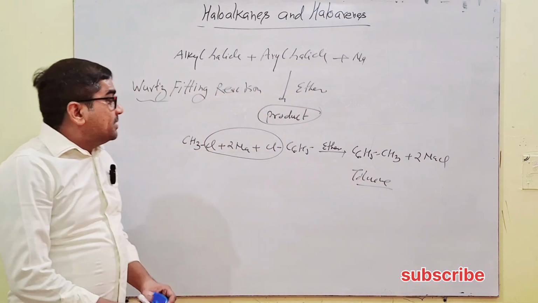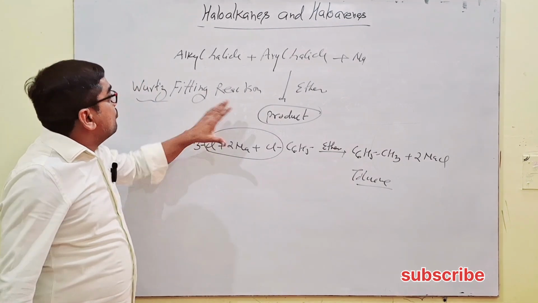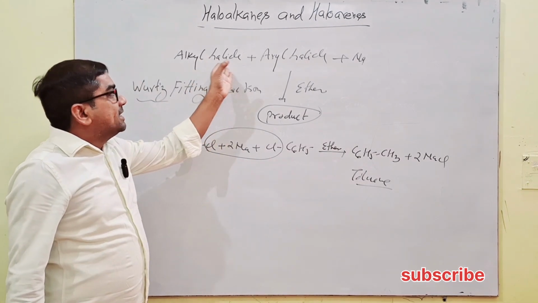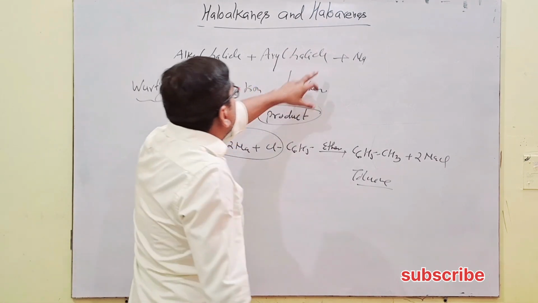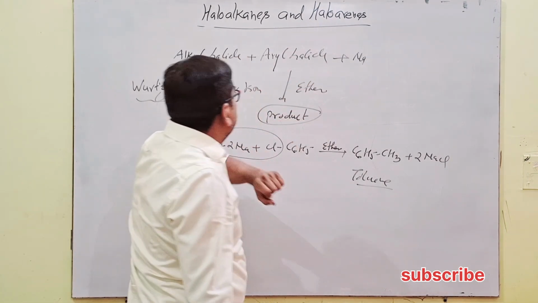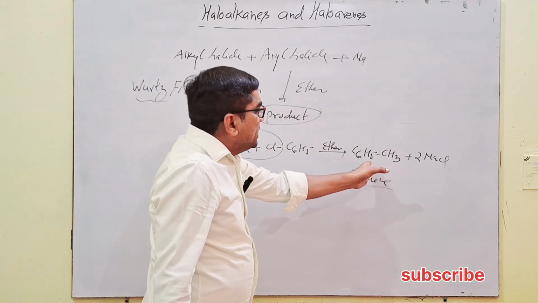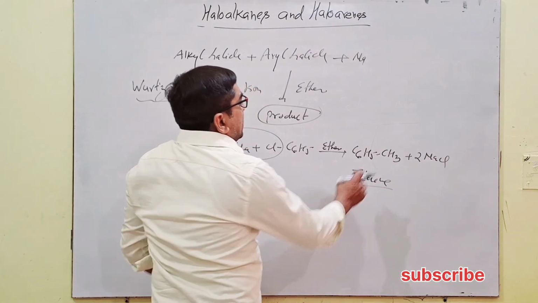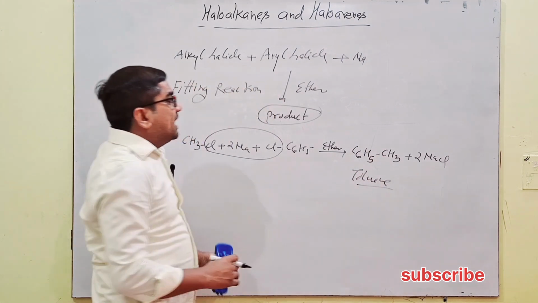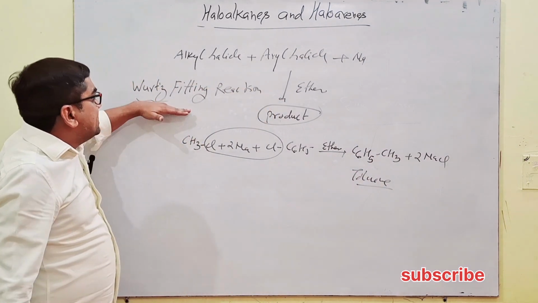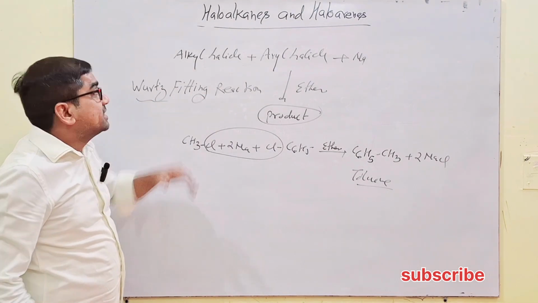Toluene is formed as a product under Wurtz-Fittig reaction when an alkyl halide reacts with an aryl halide in sodium ether medium. The product contains aryl and alkyl groups, and this reaction is termed the Wurtz-Fittig reaction.